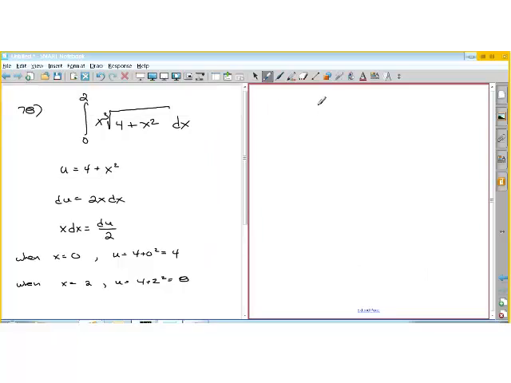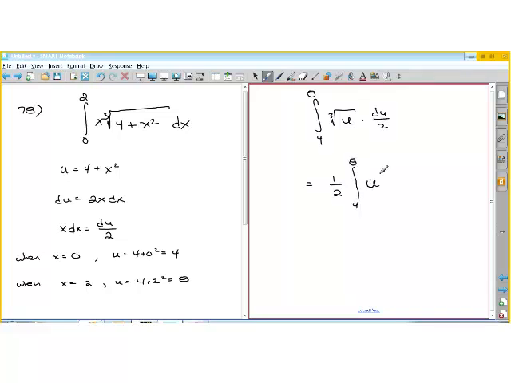So now we can rewrite the original integral as the integral from 4 to 8 of the cube root of u, and x dx is equal to du over 2. Okay, before we integrate, we'll factor out the 2 in the denominator.